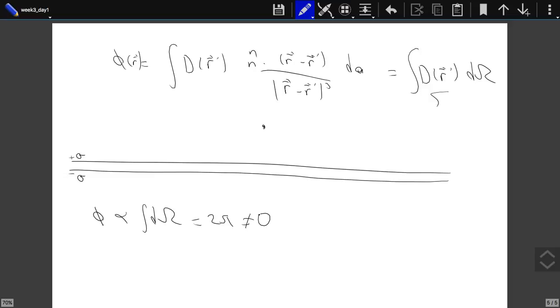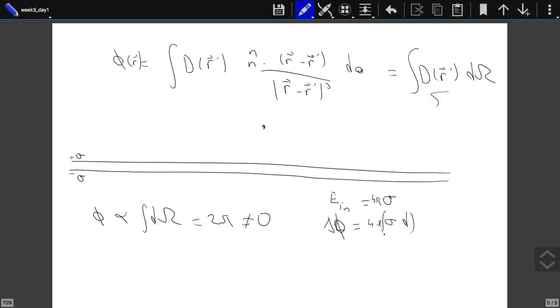What we know is the potential difference. Well, the electric field inside, we had calculated its magnitude to be 4 pi sigma. So the potential difference is equal to 4 pi sigma times d.